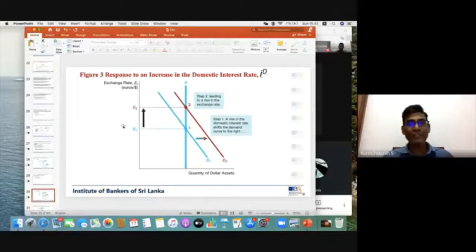Always think of a practical example. I said quantity of dollar assets, and wherever suitable, you can think of the currency itself, dollar currency, or you can think of US treasury bills, which are assets denominated in dollars.